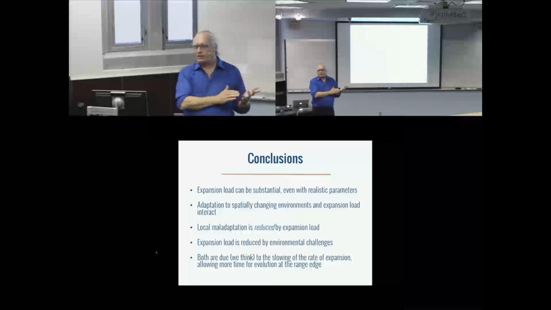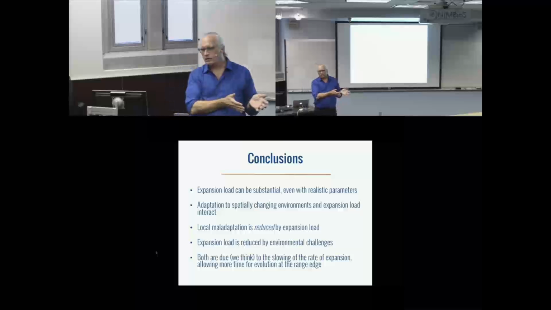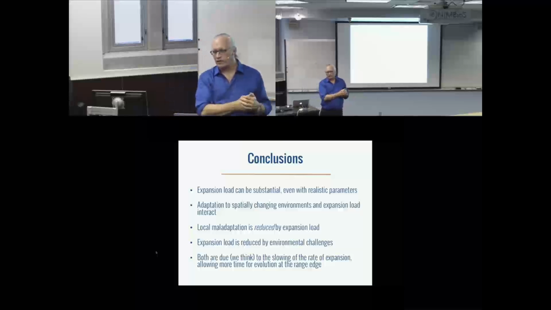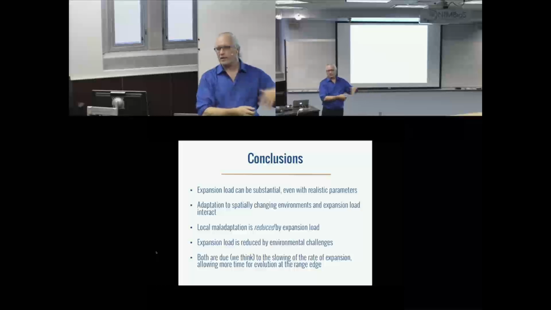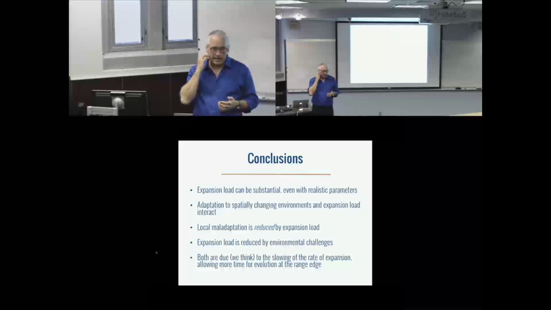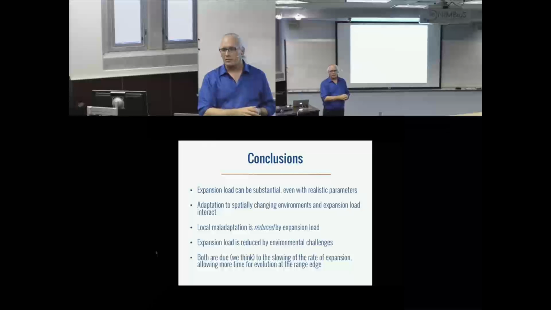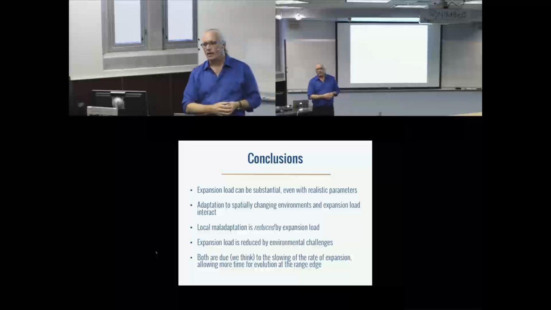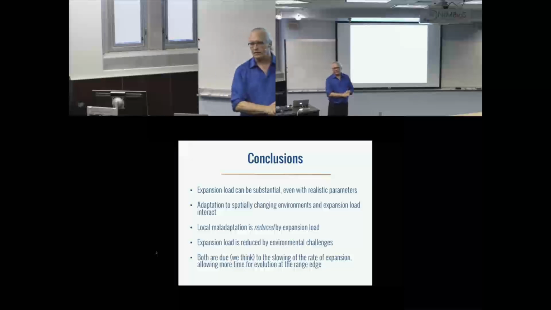And that's much less conducive to expansion load. If you just spread without regard to your genetic qualities, you get way more expansion load and it extends much further back into the population. So I would use that to say that something similar might happen if you had a buffering from selection caused by plasticity or the other things you mentioned. That would likely cause the problems to be more pronounced.